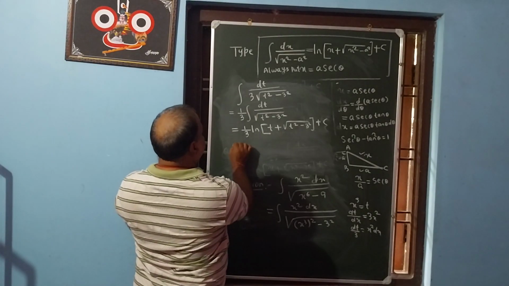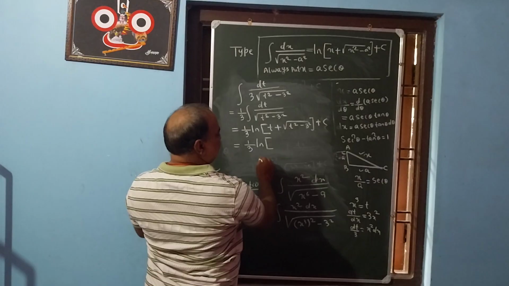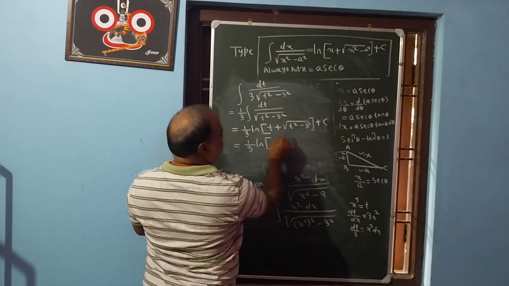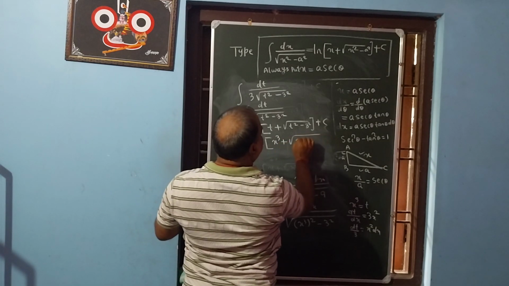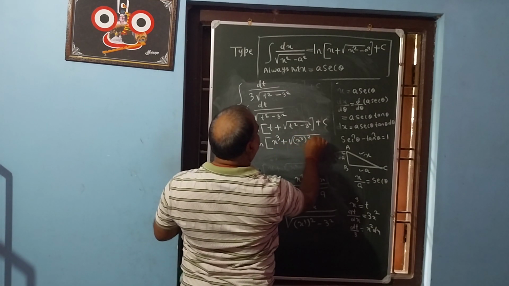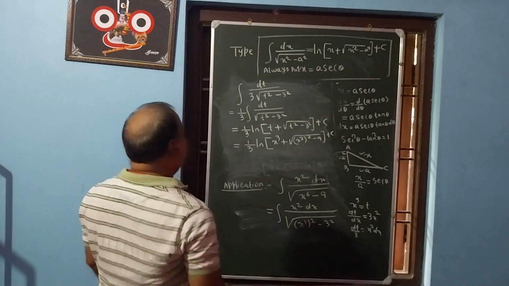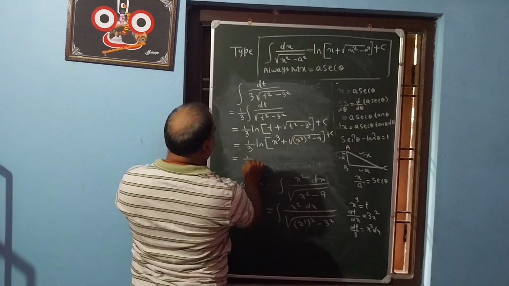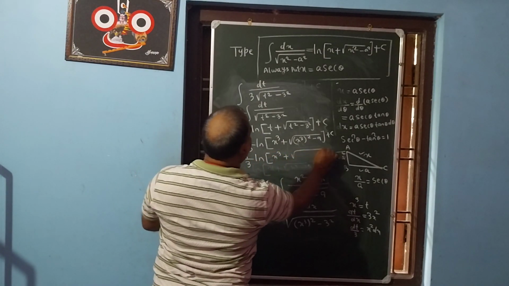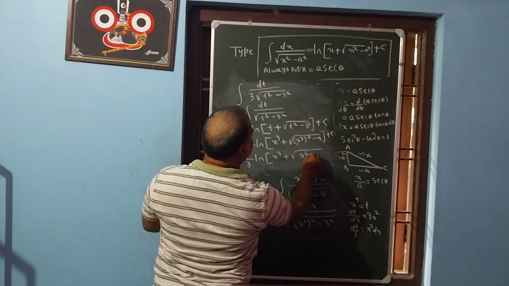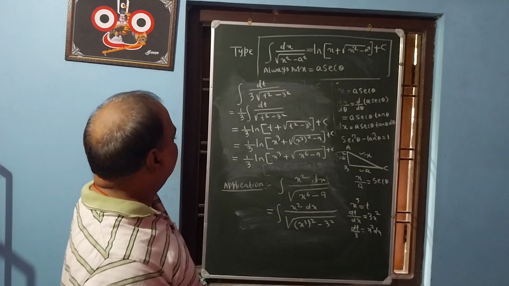So we get 1 by 3 ln of x cube plus square root of x cube whole square minus 9, plus c. After simplification, we get 1 by 3 ln of x cube plus square root of x to the power 6 minus 9, plus c. Okay, so this is the answer.